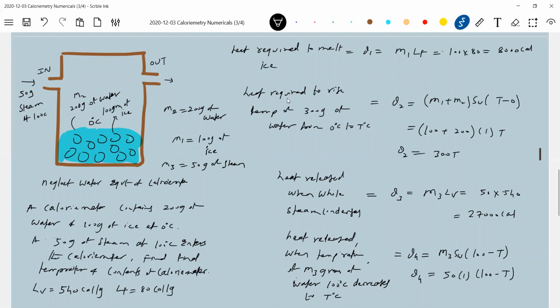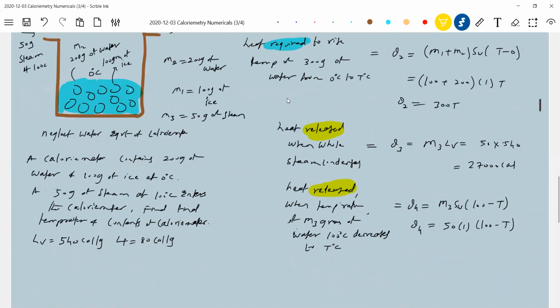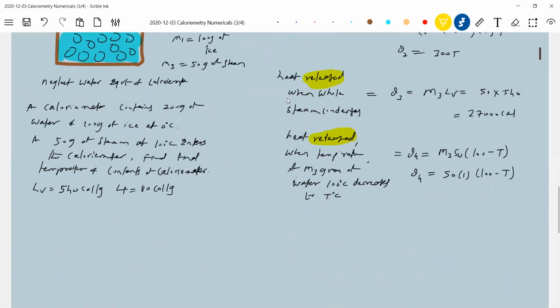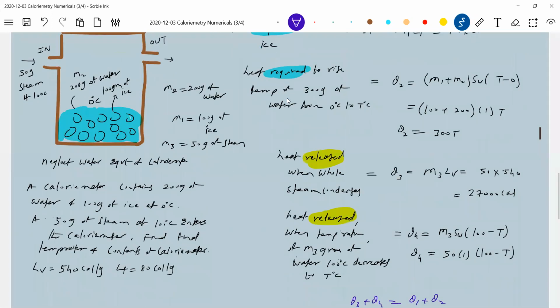Okay, now what shall I do after this? Q1 plus Q2 should be equal to Q3 plus Q4. See, try to notice these words: required, released. So the heat released, who will take it? The one which requires it. So Q1 plus Q2 should be equal to Q3 plus Q4. So the next thing is Q3 plus Q4 equal to Q1 plus Q2: 27,050 plus 50 into (100 minus T) equals 8,000 plus 300T.